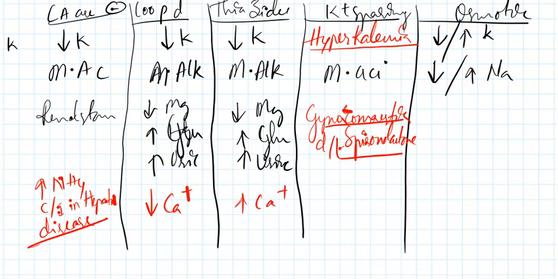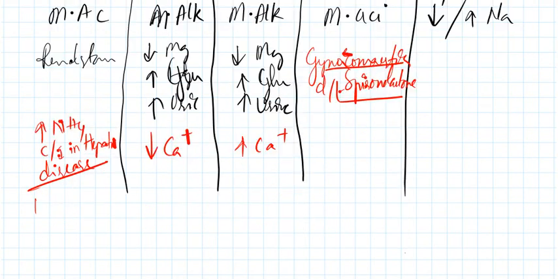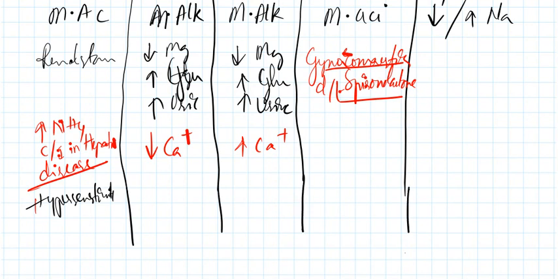Okay, and carbonic anhydrase inhibitors induce hypersensitivity, and they may lead to bone marrow suppression.